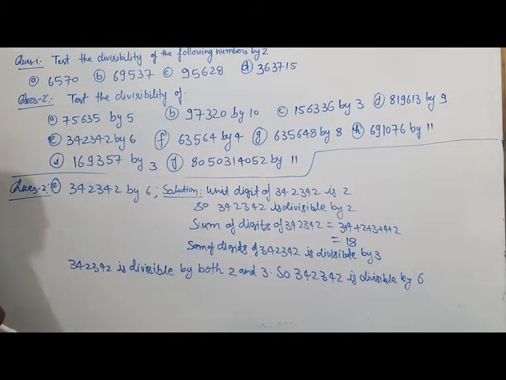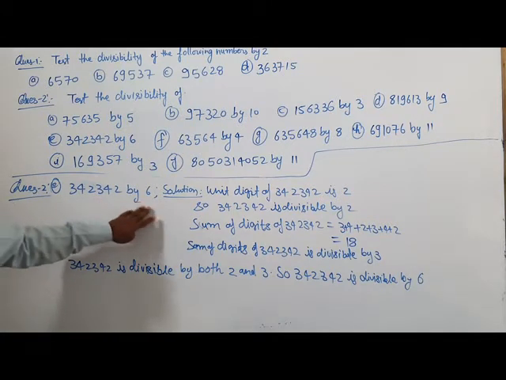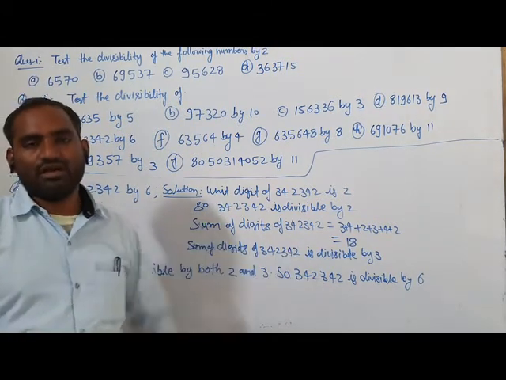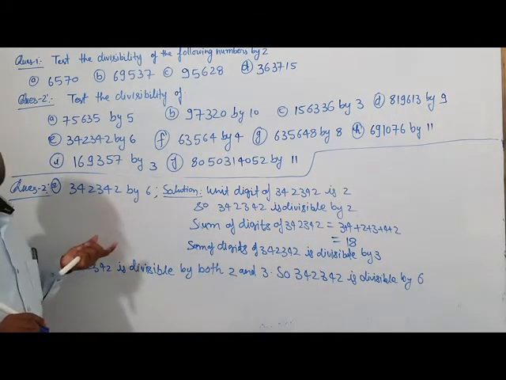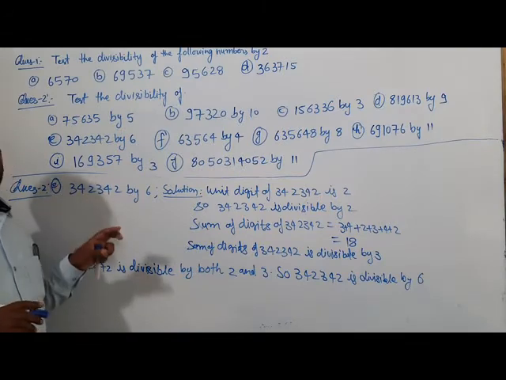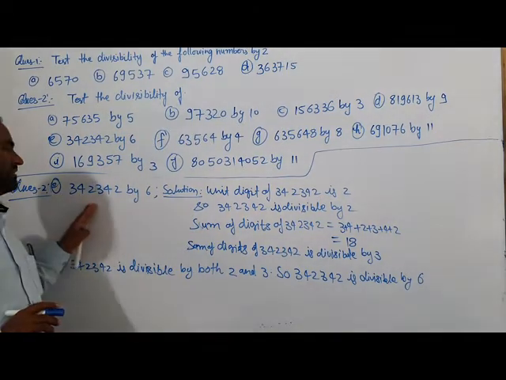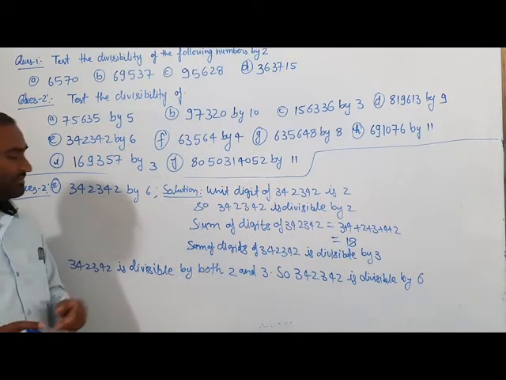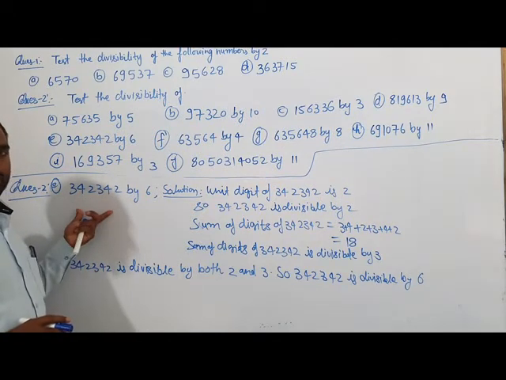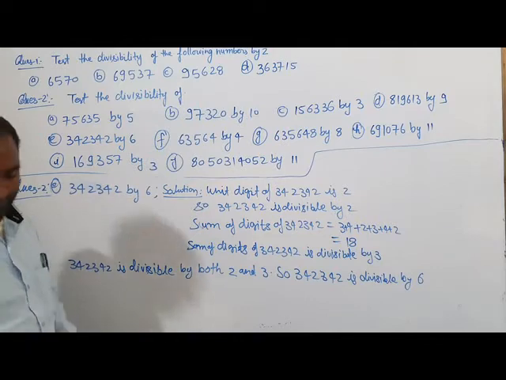For the divisibility of 6, we have to check the divisibility of 2 as well as 3. If any number is divisible by 2 as well as by 3, then the number is divisible by 6. Here this number is divisible by 6 because it is divisible by 2 and 3.